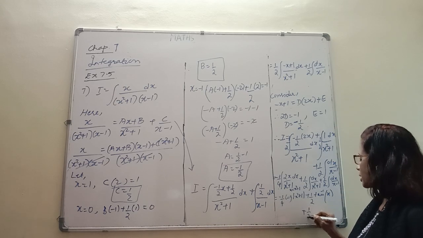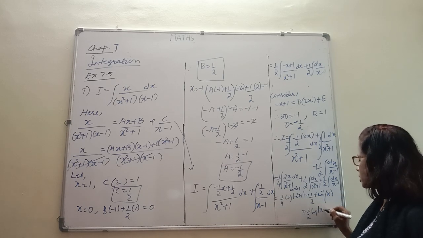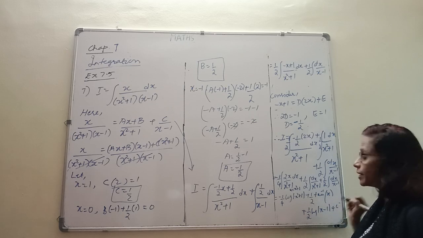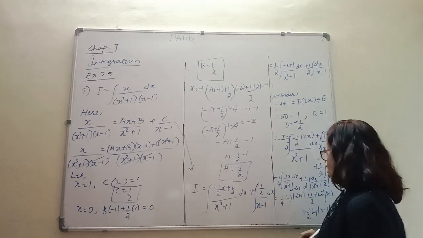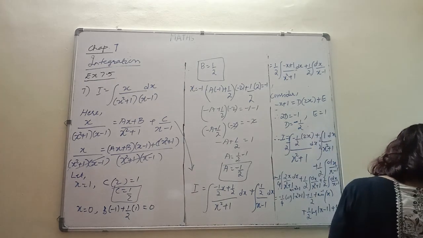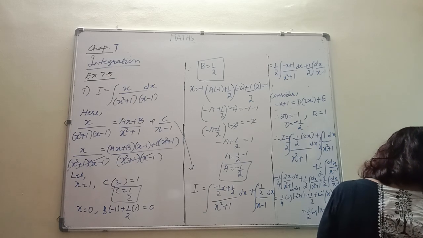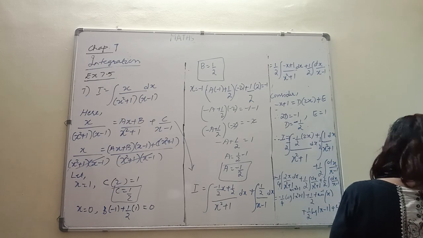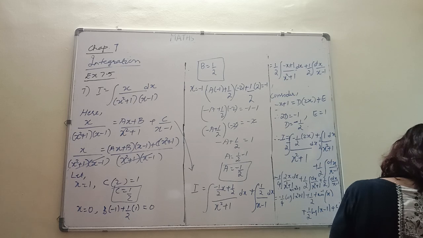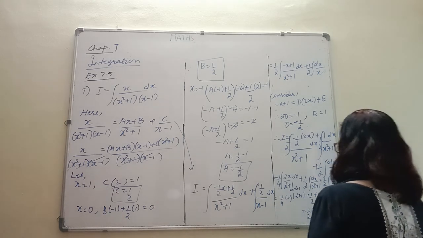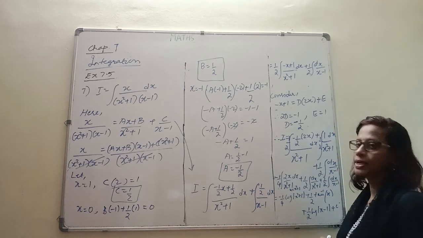Plus the next one, it is log modulus x minus 1, plus c. So many things to account for. So we're getting negative 1 over 4 and so on. That's it, log modulus x minus 1.